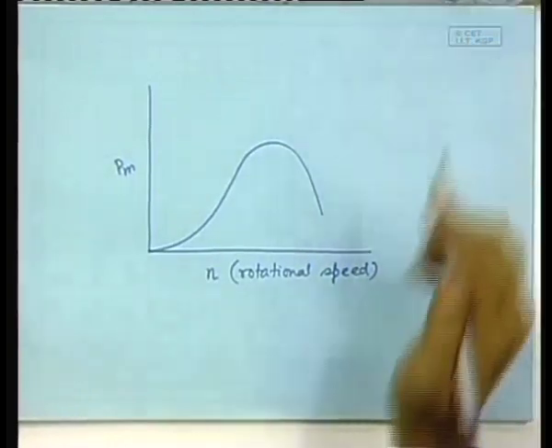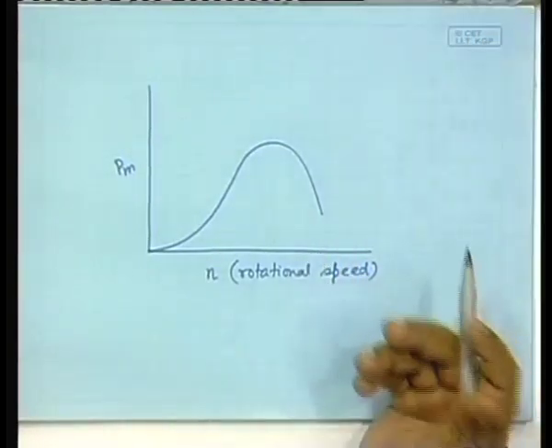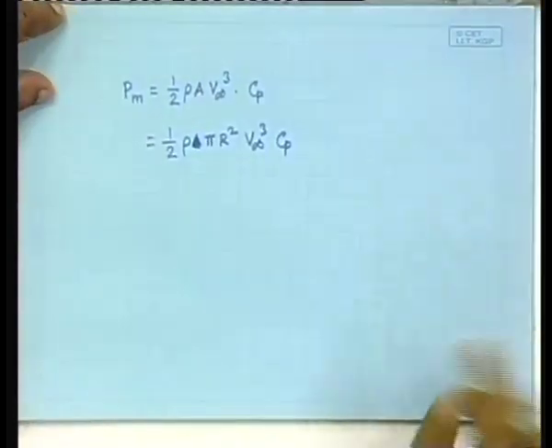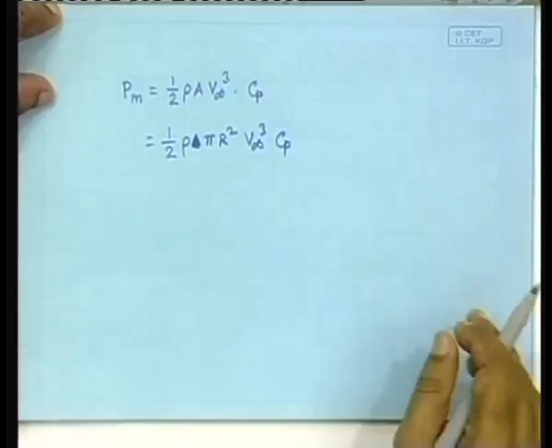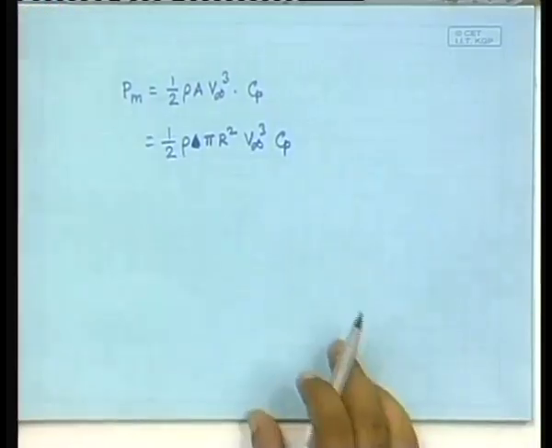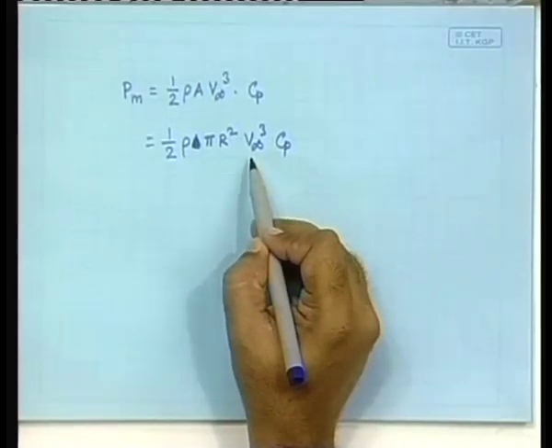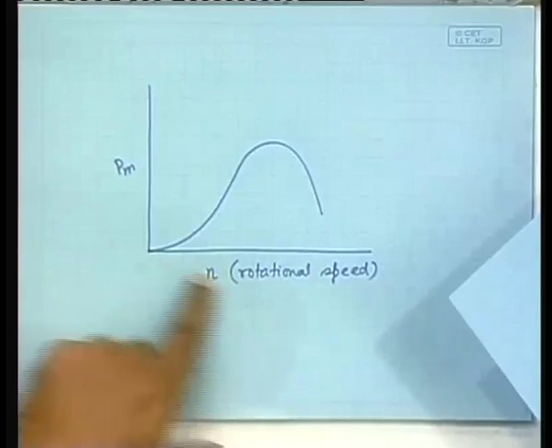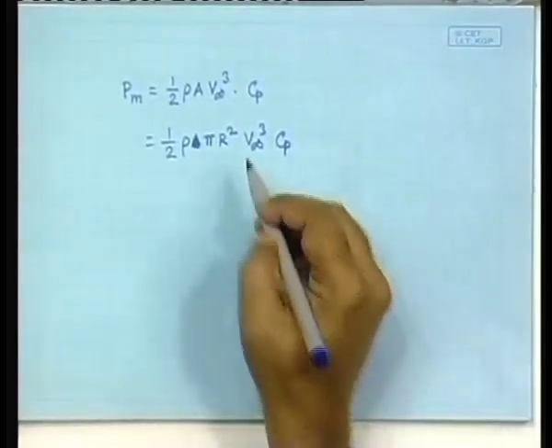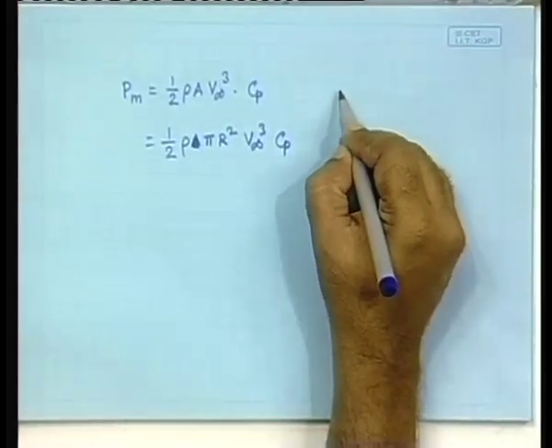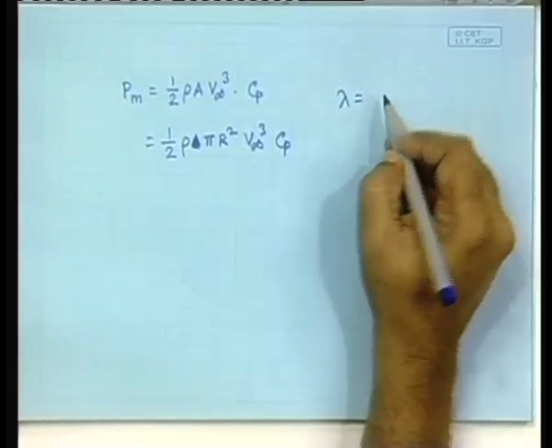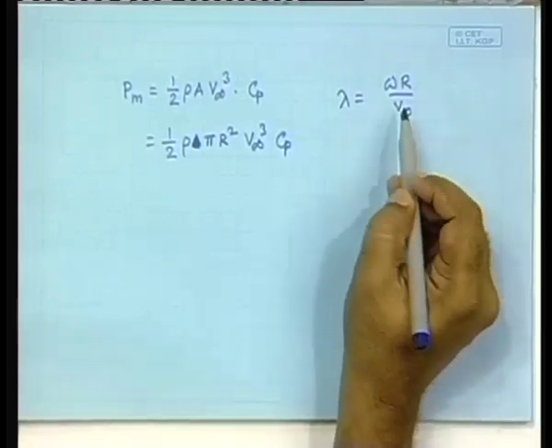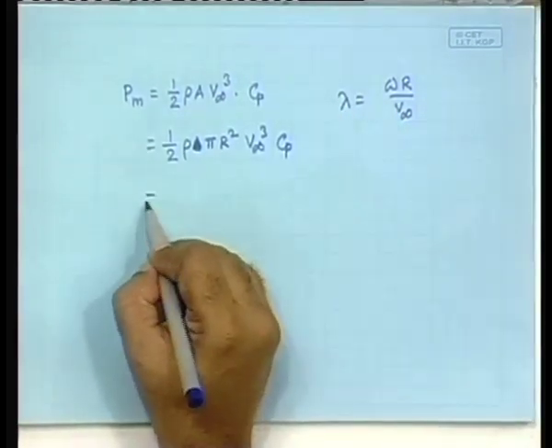Now, how should it vary with the wind speed? In order to understand that, let us do this. We are trying to relate it with the wind speed, which is here, and we are trying to find out the relationship with the rotational speed. In order to do that, we will substitute. We know that lambda is omega r by V infinity. So, let us substitute V infinity here. So, what do you get?